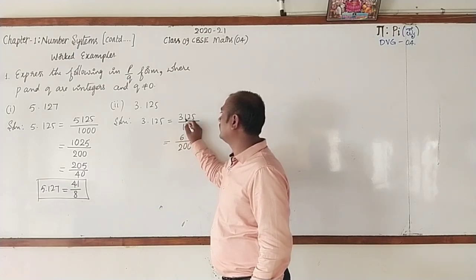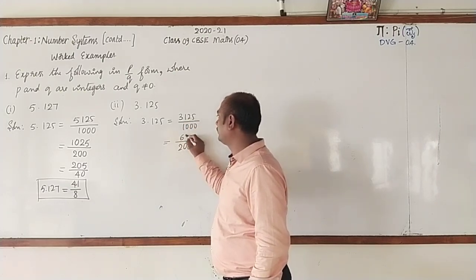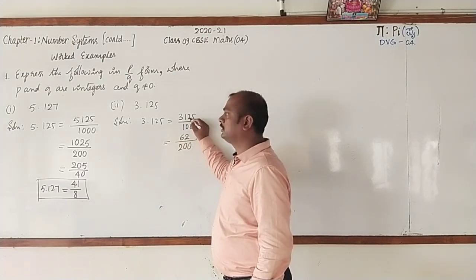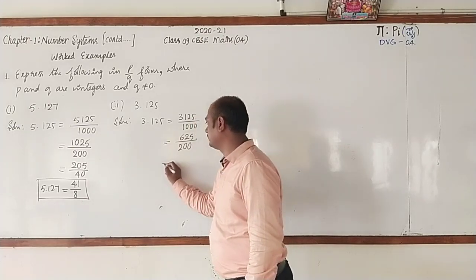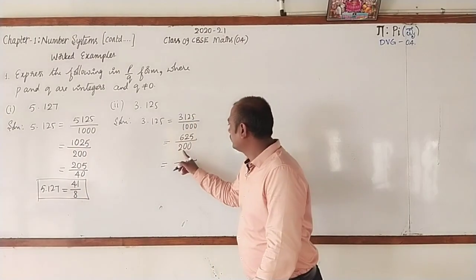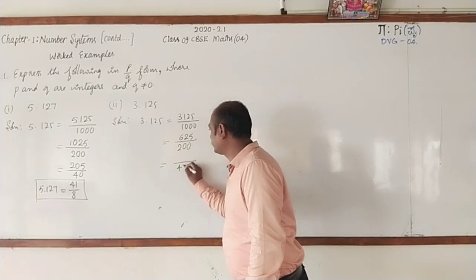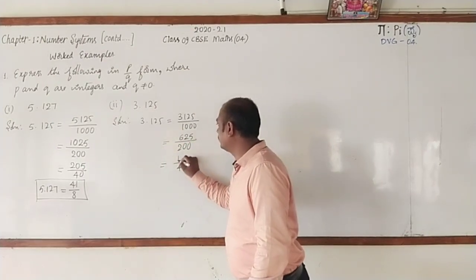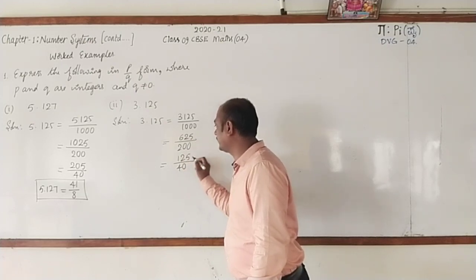Here 5 6s are 30, 1 will remain 12, 5 2s are 10, then 2 will remain 25, 5 5s are. Then again 5 4s are 20, zeros are. 5 1s are, 1 will remain 12, 5 2s are, 2 will remain 25, 5 5s are.